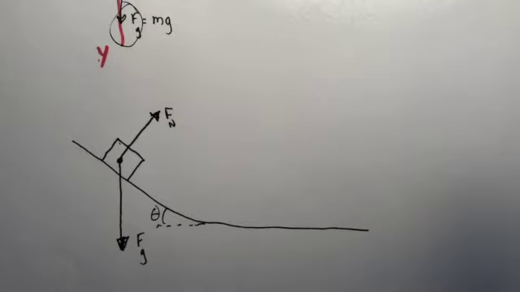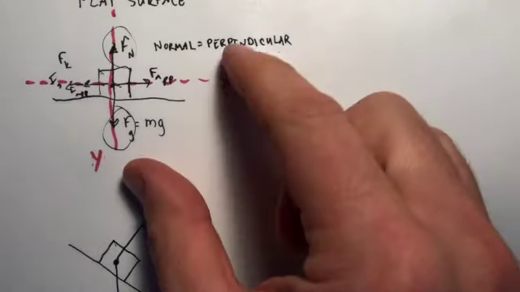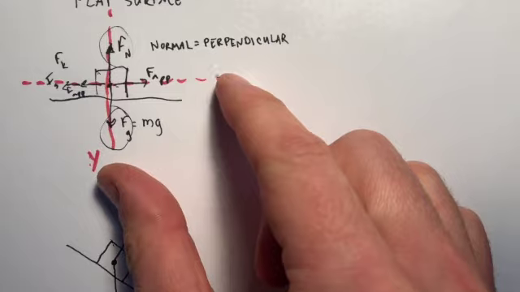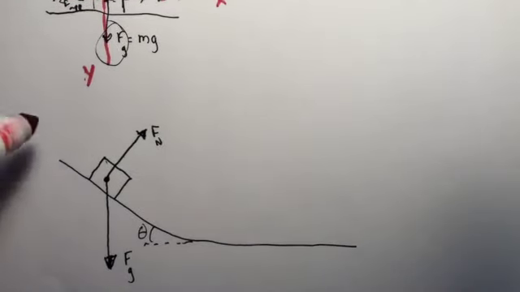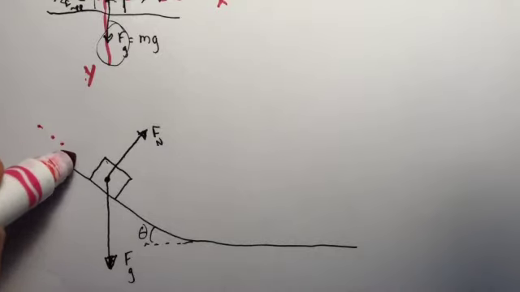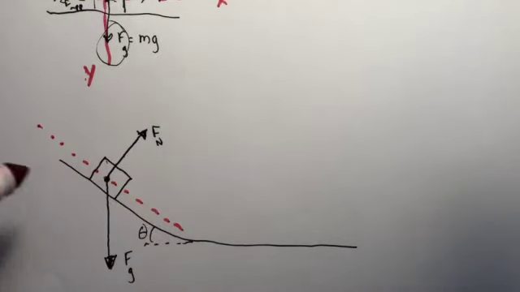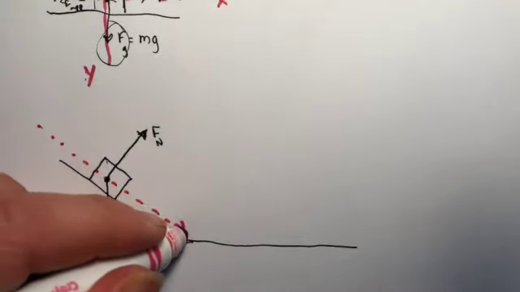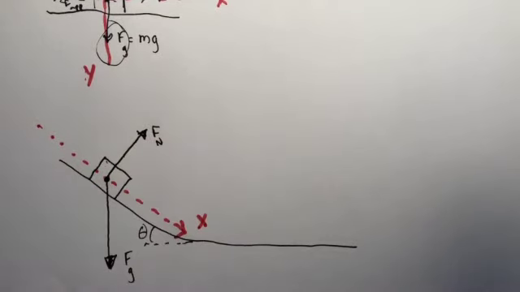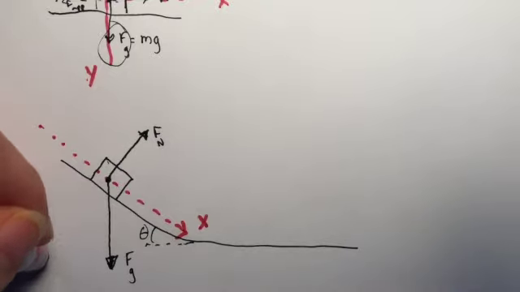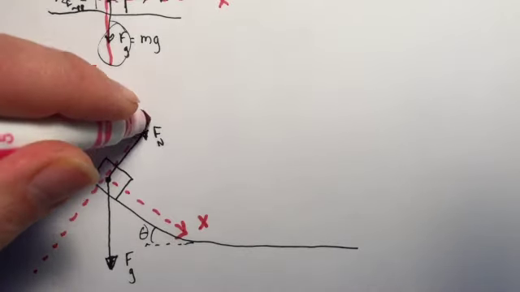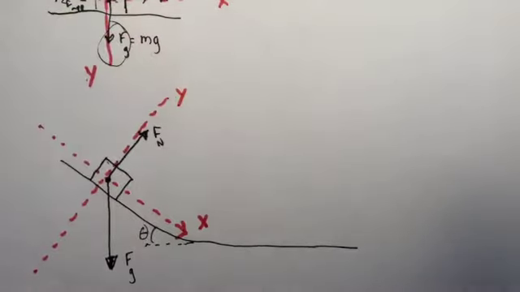What we're going to do is take this XY axis and shift it so that it is situated right along the incline. So this is going to be my x-axis, all right? Well, my y-axis has to be perpendicular to the x-axis.